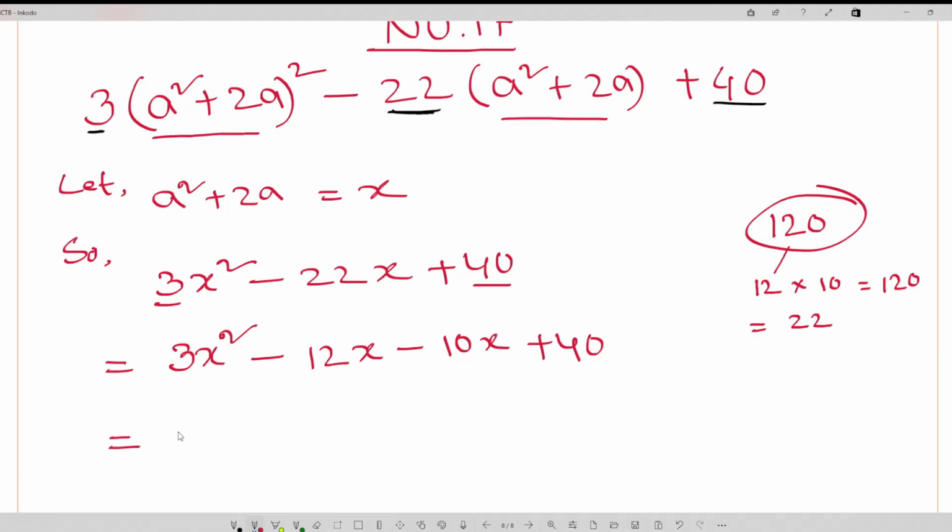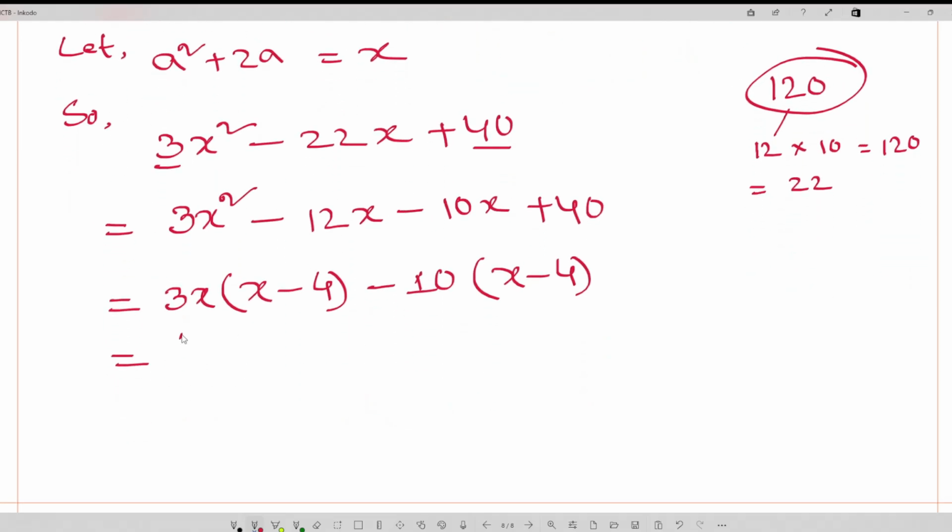Now here we can take common 3x, so here is x − 4, and here we can take common −10, again x − 4, right? Then x − 4 we can take common, so here is 3x − 10.